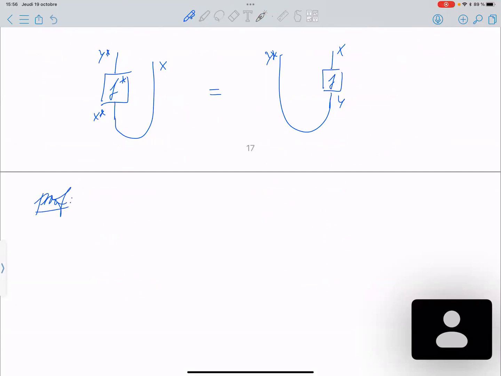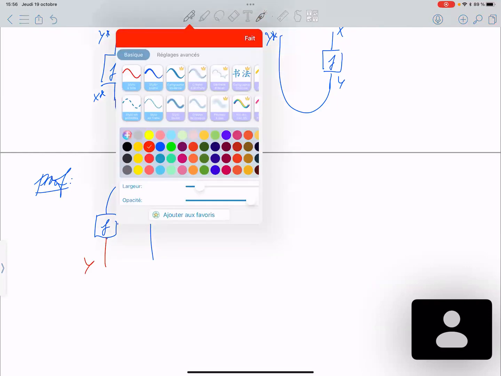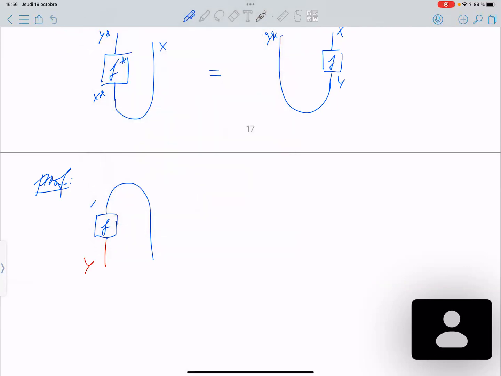So consider this one. The proof will still be easy. Here we will apply the zigzag relation. Y, x star. So zigzag relation.